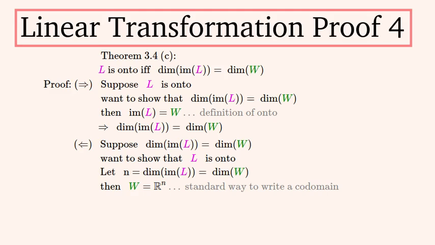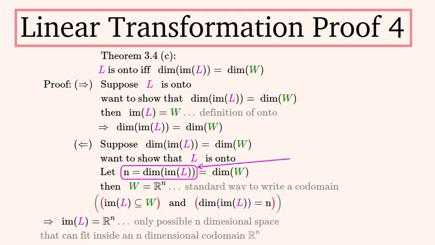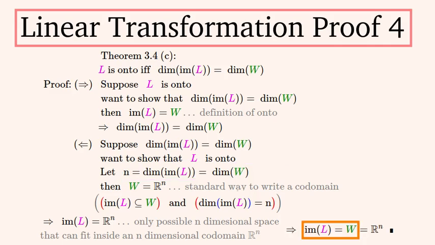We could substitute rational or complex number sets in here as well. And so the image of L is a subset of W and has the same dimension as W, so it has to be Rn, because it's the only possible n-dimensional space that can fit inside Rn. And so because both of these spaces are equal to Rn, then they must be equal to each other, so this completes the whole proof.